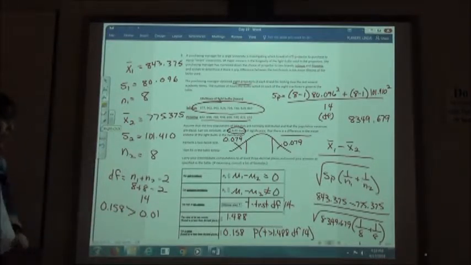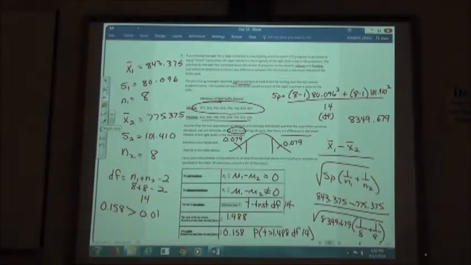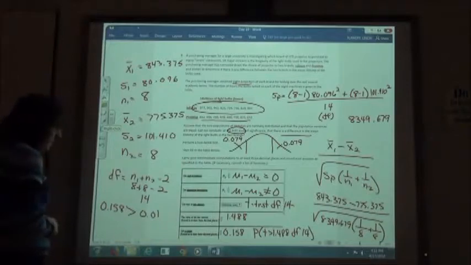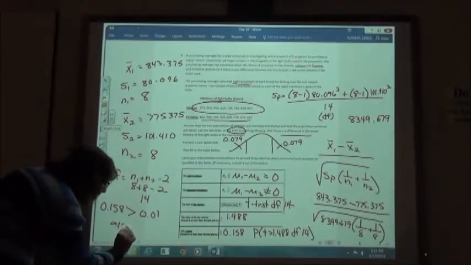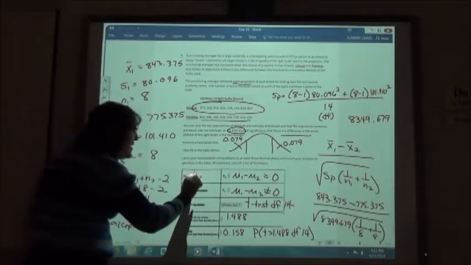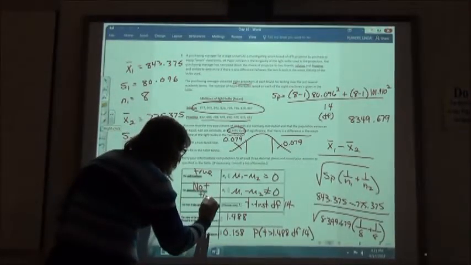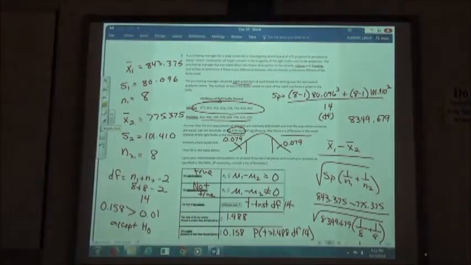And if my p-value is greater than my level of significance, we are going to do what? Accept the null. We're going to say this is our true statement, then that one is not true. We're saying it is equal, right?